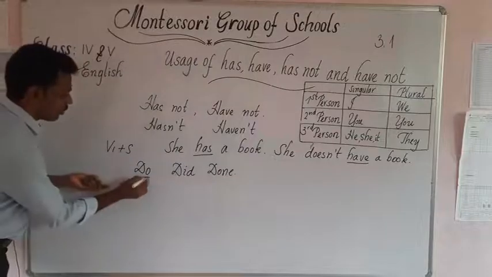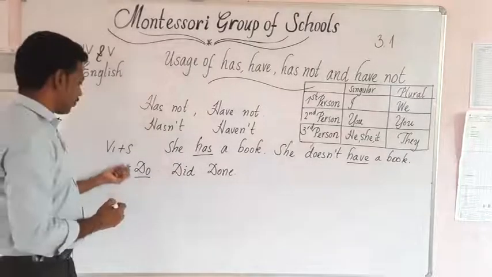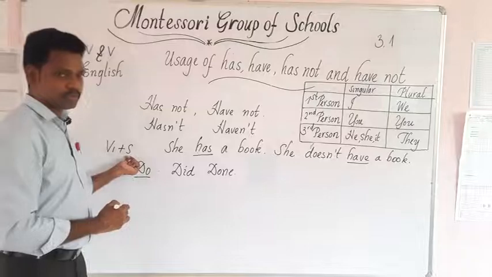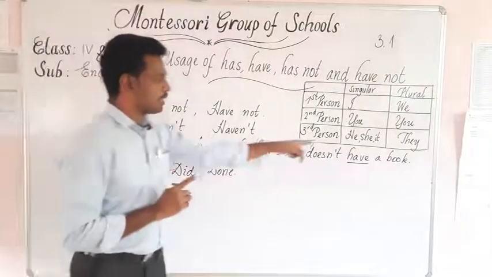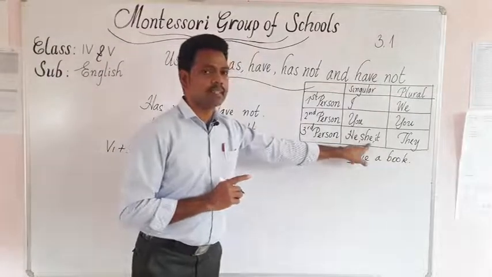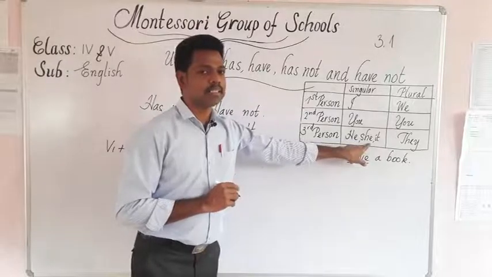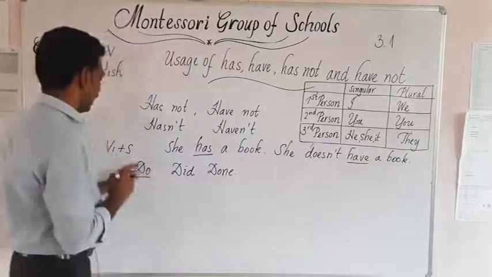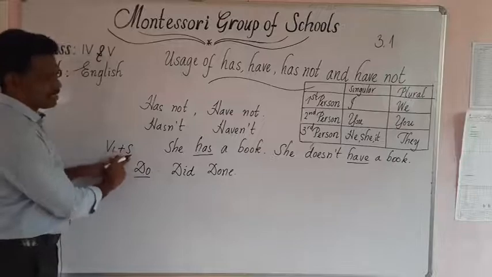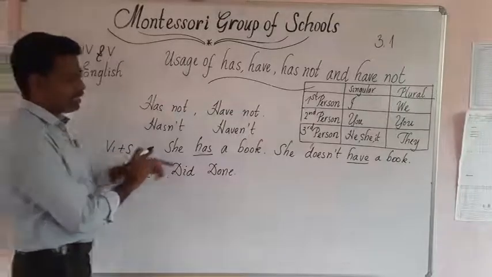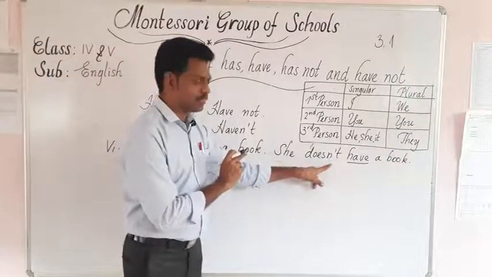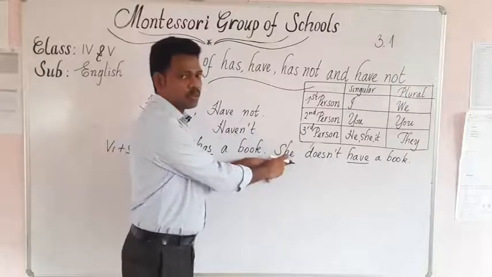So here we have V1. With the V1 we are adding S forms. That is only in case when the subject is singular. When the subject is singular, we have to add V1 plus S. So that is do plus S. So here the subject is singular.